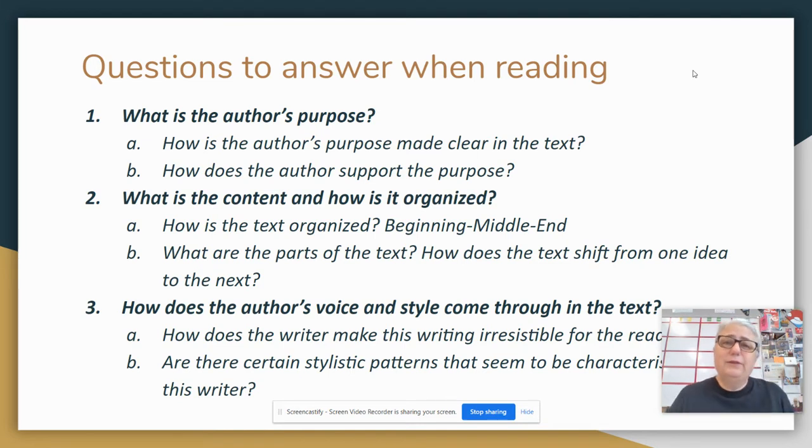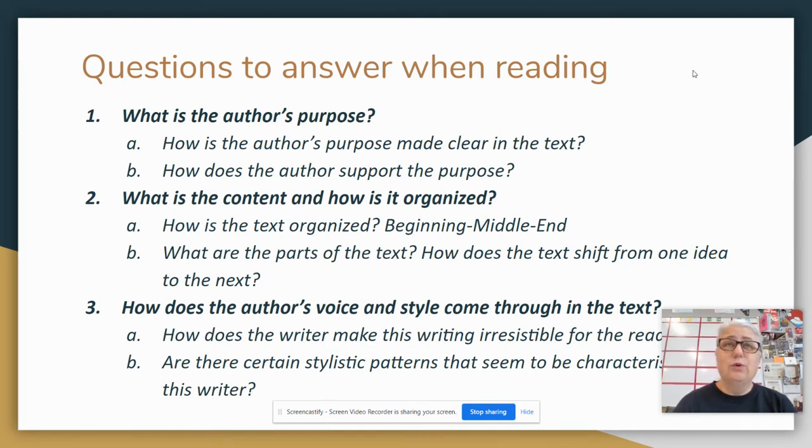Also, think about these three questions, both as you are reading and as you are crafting and putting your own guide together. What is the author's or the writer's purpose? Why is the writer doing this? What is the content? So, what is the information that's included, and how is it organized? And thirdly, how does the author's voice or their personality, and how does their style come through in the text?